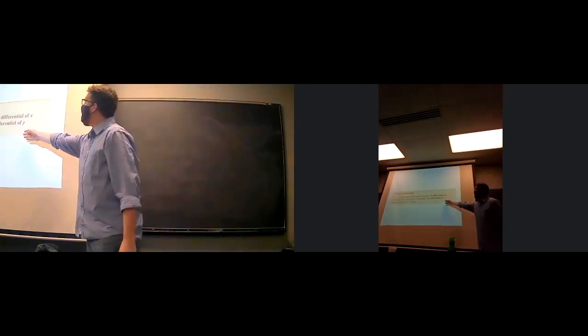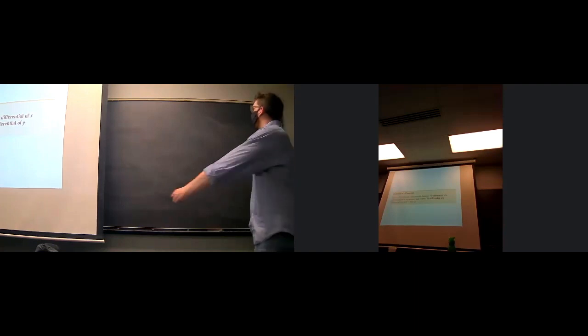We said, in general, the differential of y, dy, can be represented as f prime of x times dx. But what does this dy dx mean? Because dy is one thing, dx is one thing.